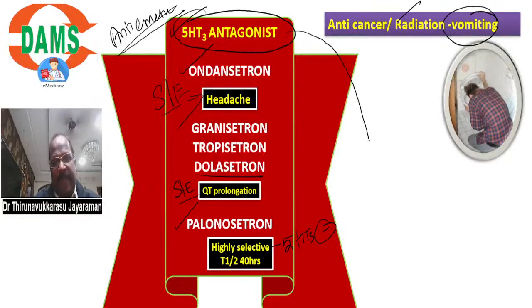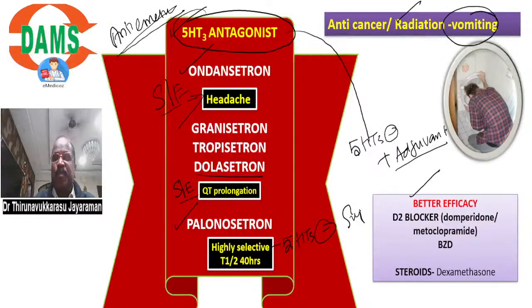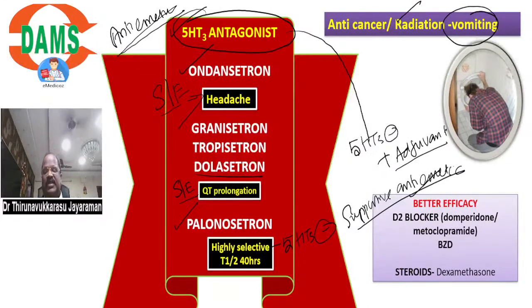But for better control of vomiting, along with the 5-HT3 blocker, we add some adjuvant anti-emetics. The supportive anti-emetics are added with the 5-HT3 blocker for better efficacy. They are called adjuvants, for example, D2 blockers like domperidone or metoclopramide, or a benzodiazepine like diazepam, or a steroid like dexa.